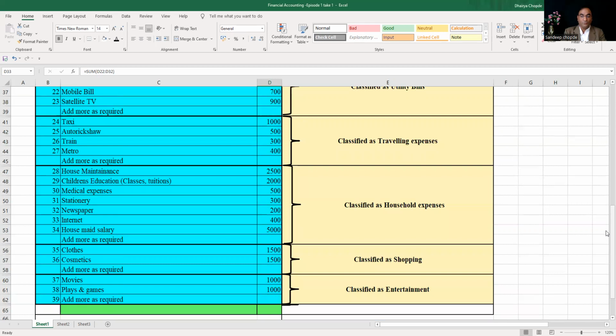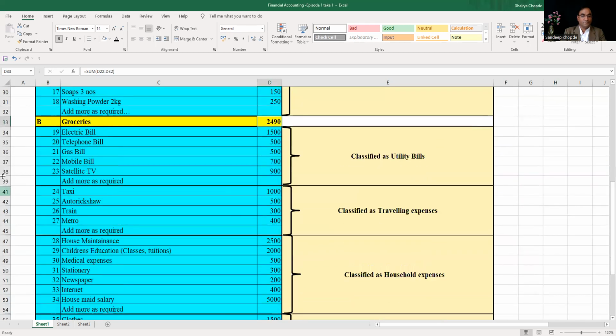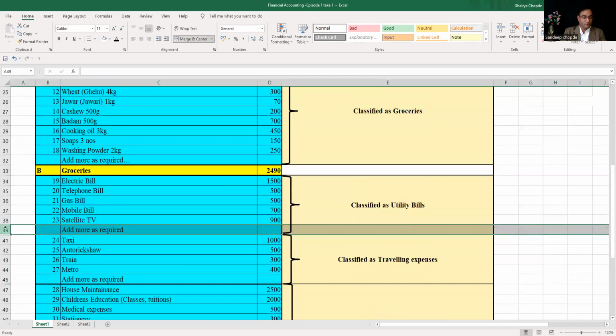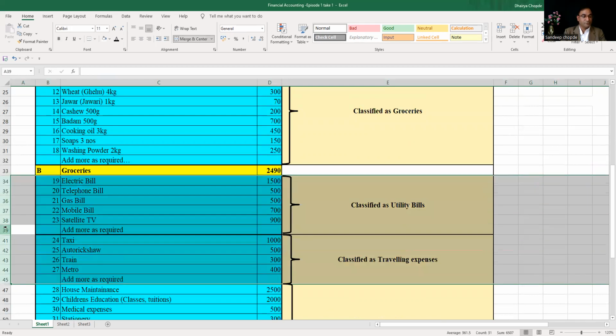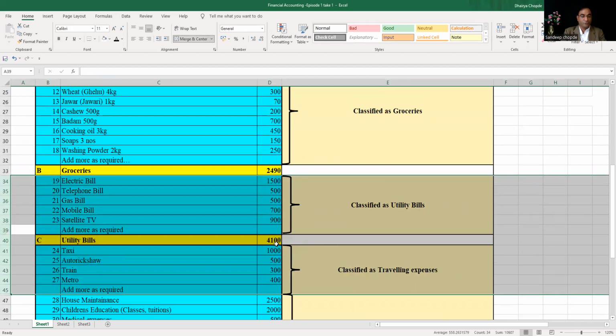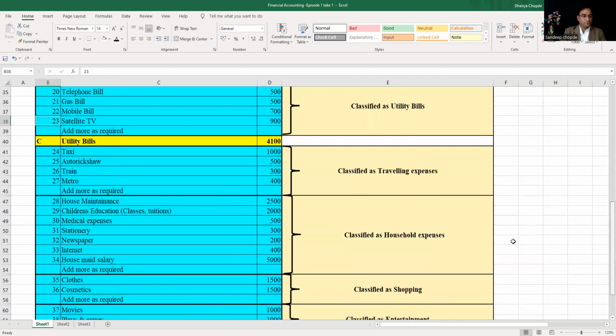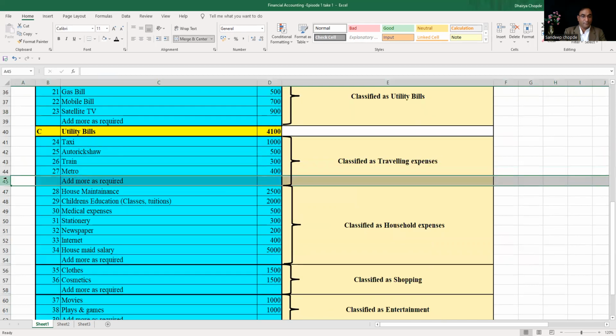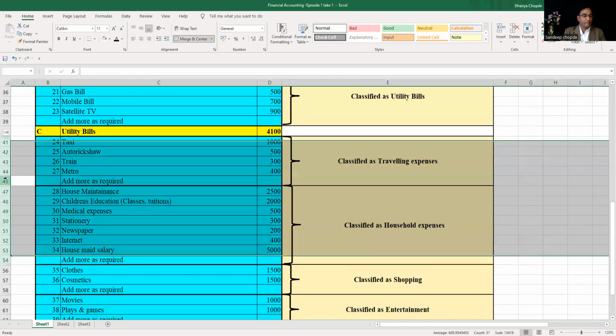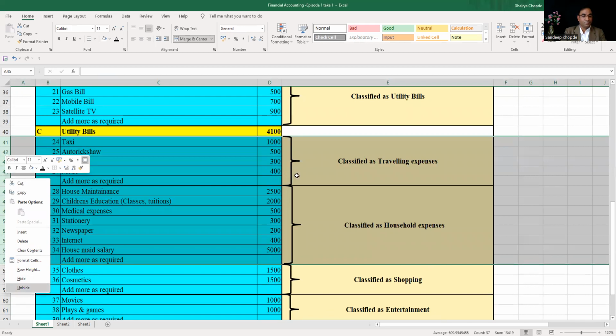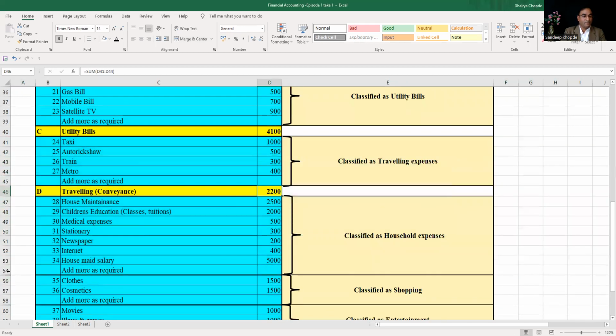When I do a total of all the utility bills, that comes to rupees 4,100. That is from serial number 19 to serial number 23. When I do a total of all my traveling expenditure, it comes to rupees 2,200.